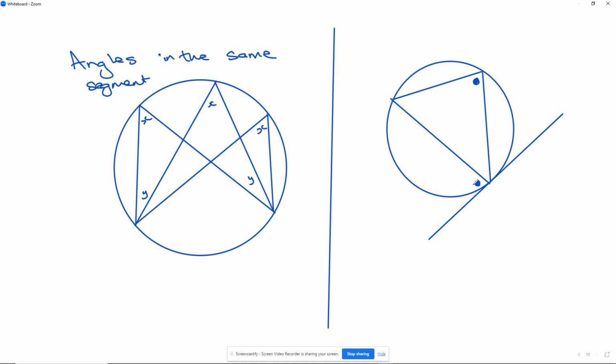Okay? So the angle from the tangent to the chord is equal, and this is the chord, to the angle subtended by that chord.